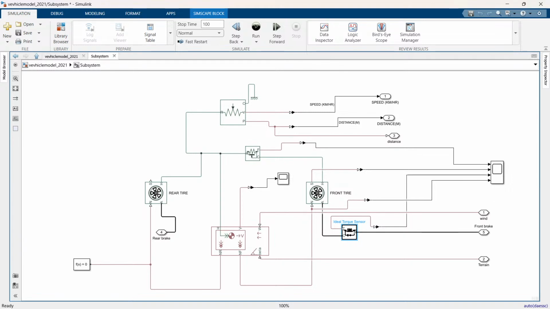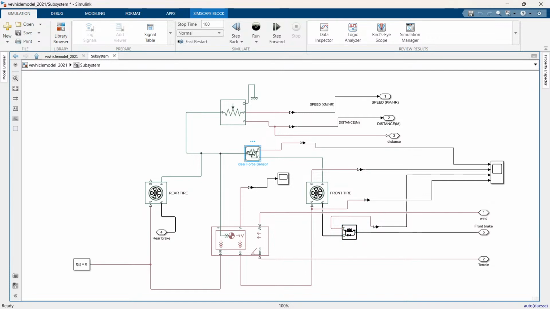This type of sensor is considered ideal because it does not depend on factors like inertia, friction, delays or energy consumption. It simply measures the force acting on the vehicle and then converts it into signals our simulation model can use. That is why we are using the ideal force sensor on this rear tire.